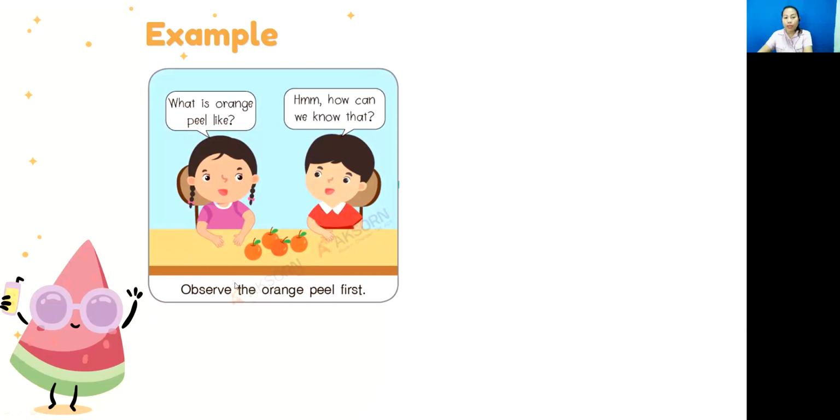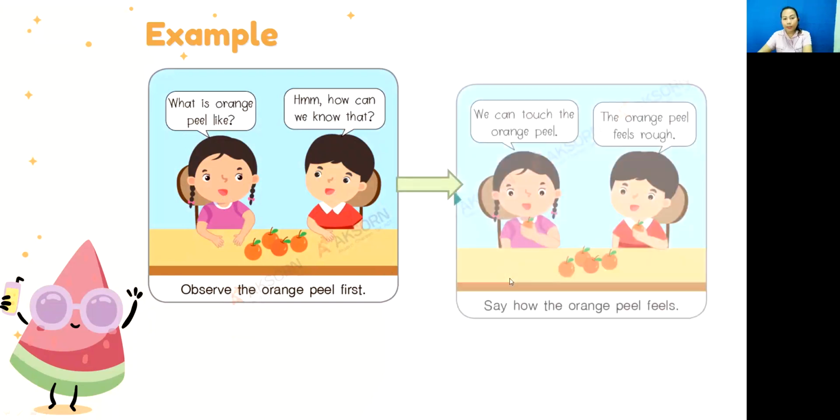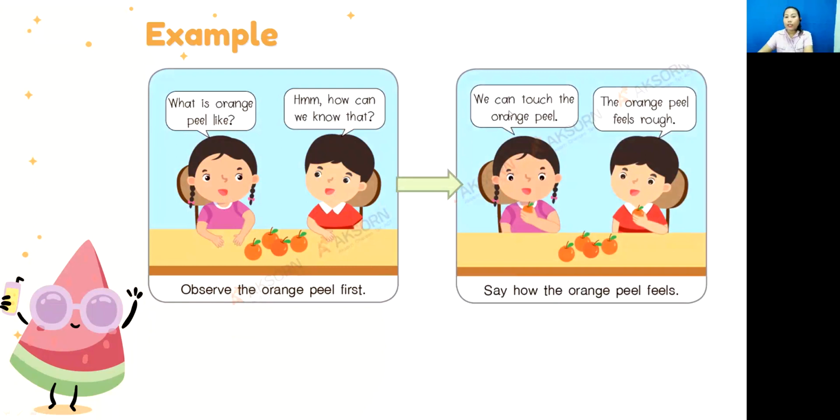They look at the orange. They will observe the orange. So how do they observe the orange? She said, and then they touch the orange because they want to know the peel of the orange, okay? And we can touch the orange peel, she said.